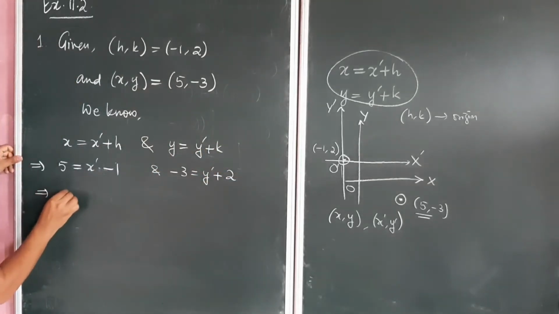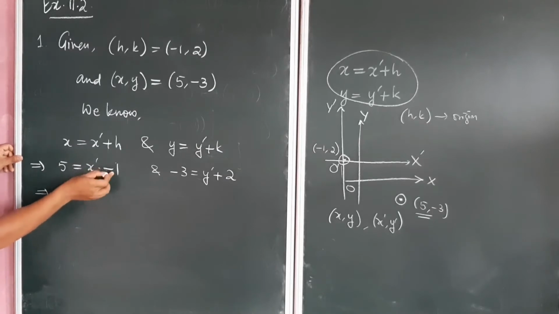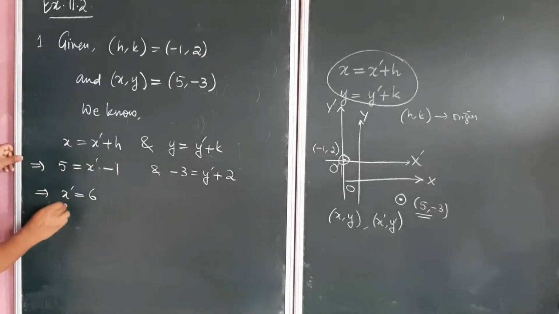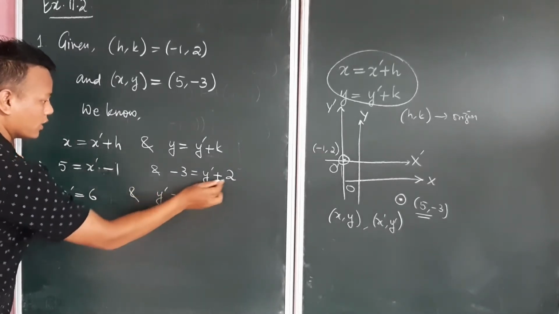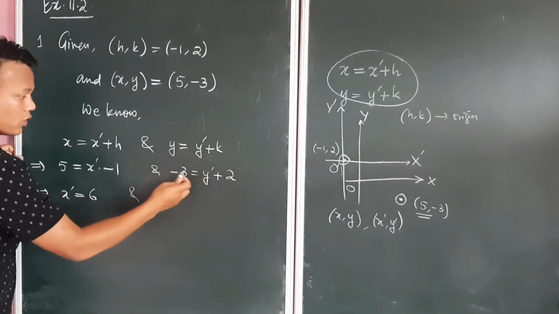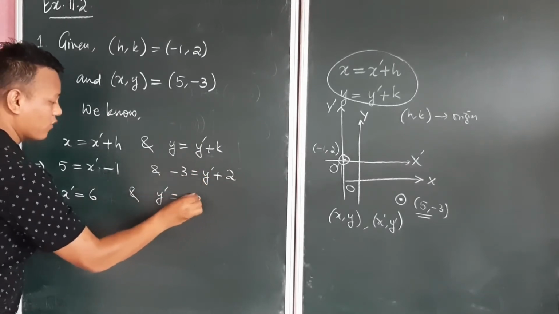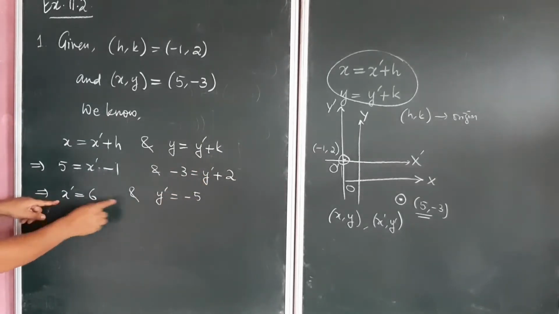From here, to calculate x dash, this minus 1 comes here and becomes plus, so 5 plus 1 is 6. We got x dash. Similarly y dash: this 2 comes here and becomes minus 2, so minus 3 minus 2 is minus 5. So we found the values of x dash and y dash.